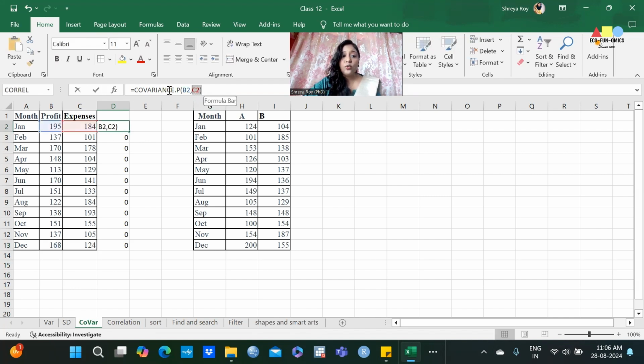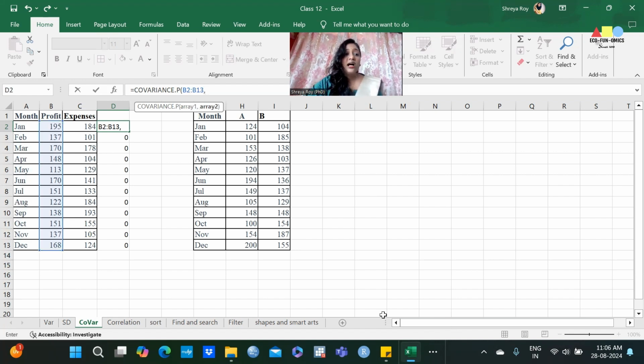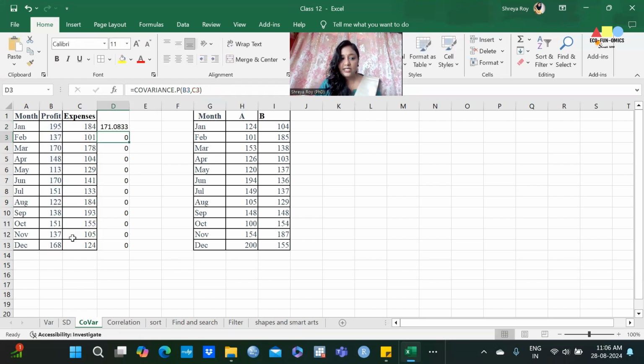So when you're doing covariance or correlation, please know you have to select the entire variable 1, comma, entire variable 2. Here my variables are profit and expense. Close bracket and enter. And these others are gibberish.